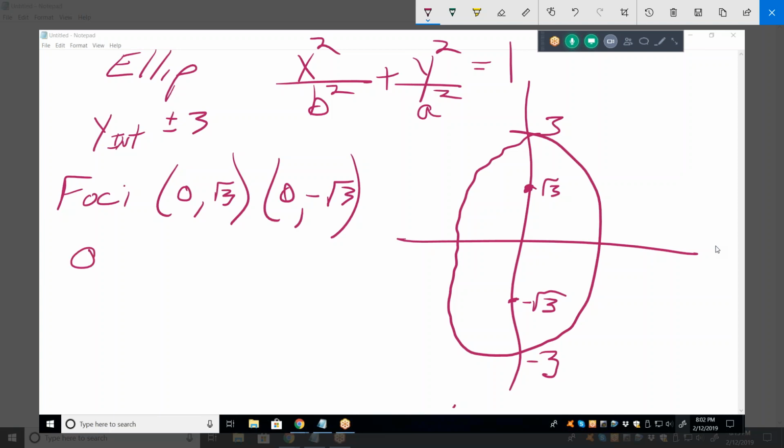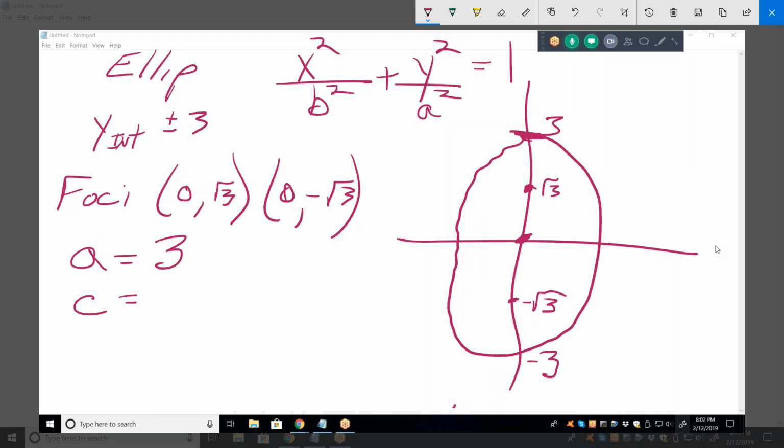In other words, this distance, what is a in this picture? Root 3. No, a is the distance from the center of the ellipse to the vertex. Okay, yeah. So it's 3. What's c? C is the distance from the center of the ellipse to the foci.